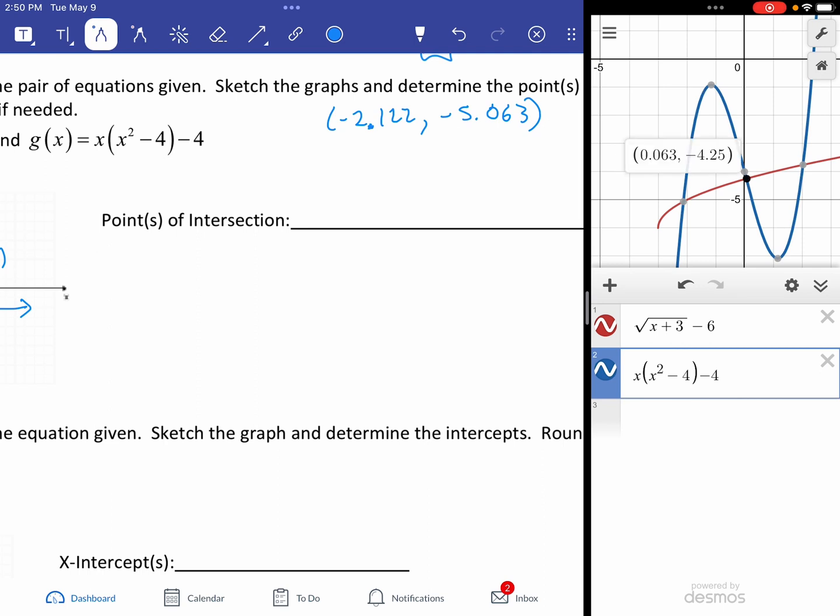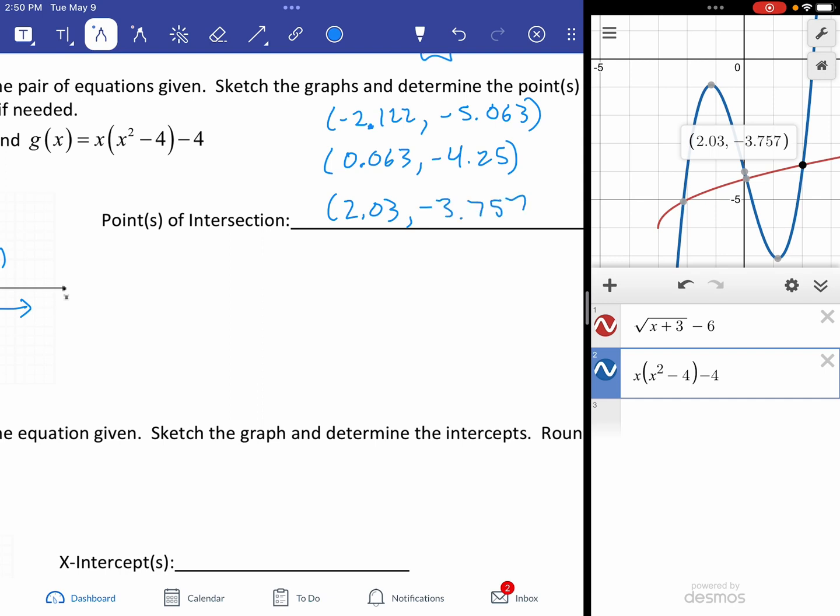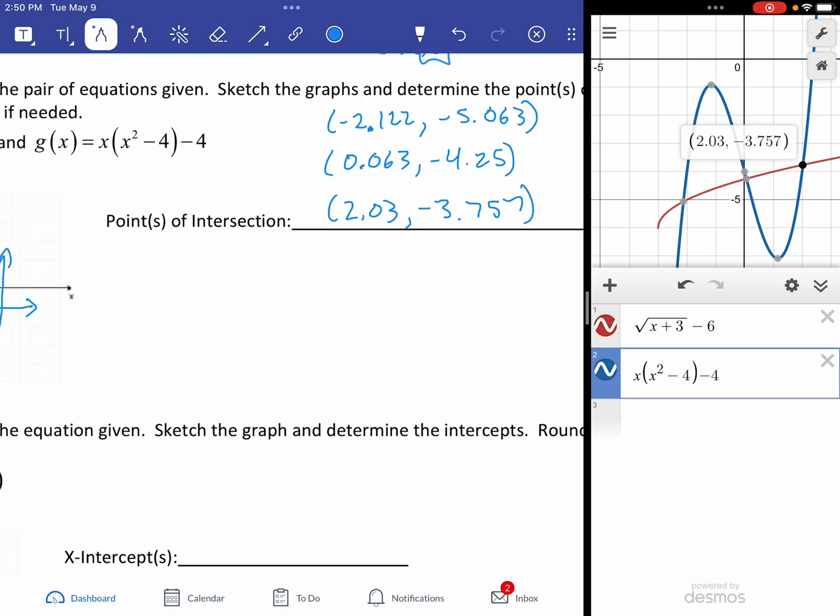I have that one at 0.063, comma, negative 4.25. And then the last one is 2.03, comma, negative 3.757. So I have to list all the points of intersection because that's what I'm asked to find.